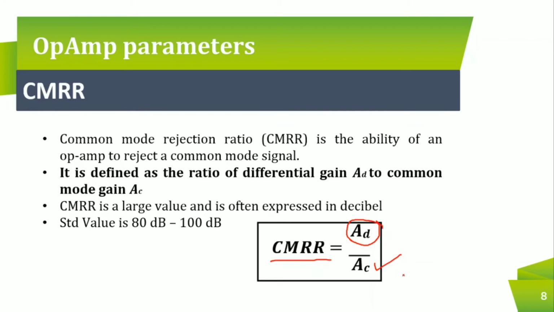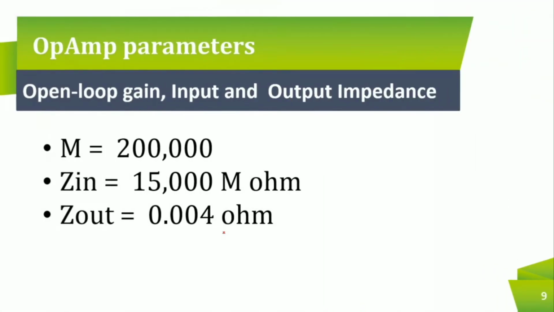CMRR is normally a large value, so it is expressed in decibels. What value will you get? You will normally get a range of 80 decibel to 100 decibel.